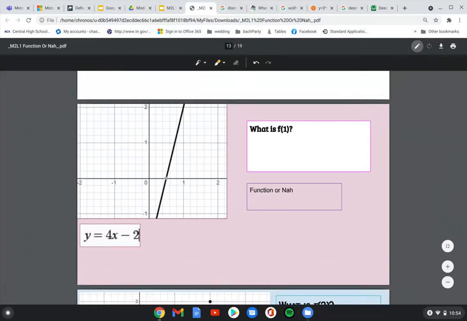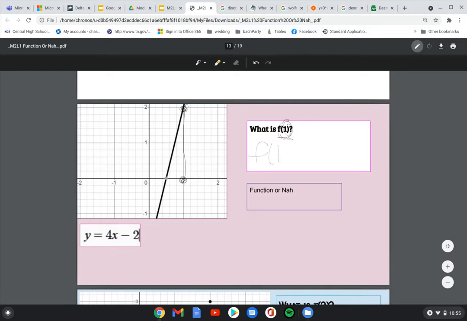If you're given the rule, what is f of 1? This means function of 1. This 1 here means I plug in x. So I'm going to look where x is 1. X is 1 right here, right? Now I'm going to draw a line and see where it hits my relation. It hits it at 2.